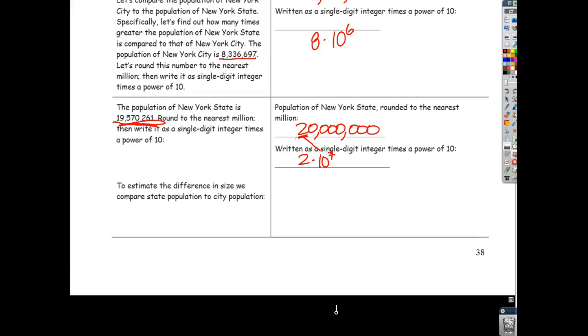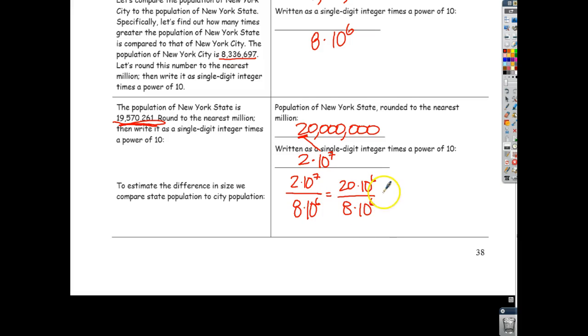So we're going to estimate the difference. We said this is 2 times 10 to the 7th, and we're going to divide it by 8 times 10 to the 6th. Well, 2 doesn't divide nicely by 8, so we changed it. Remember, instead of saying 2 10 millions, this is 20 millions. And then we did 8 times 10 to the 6th.